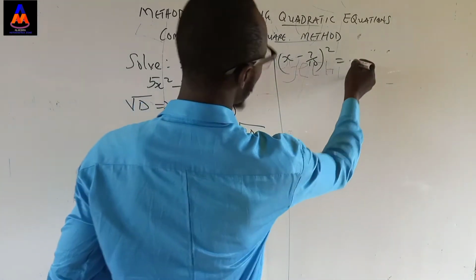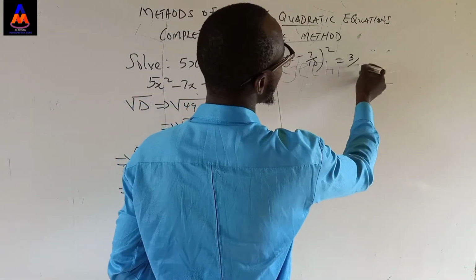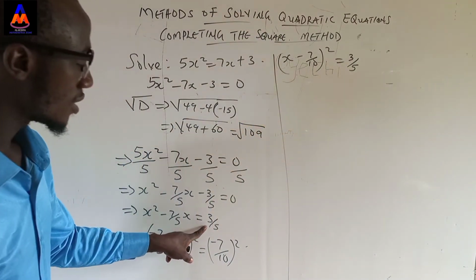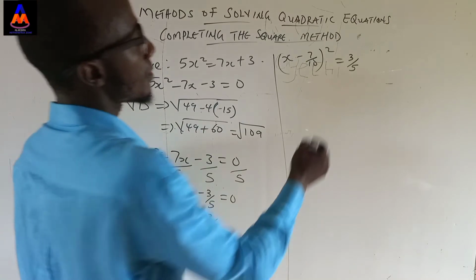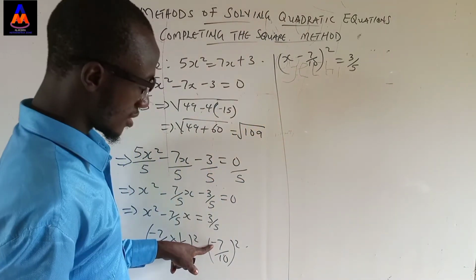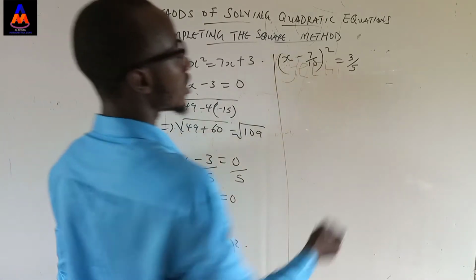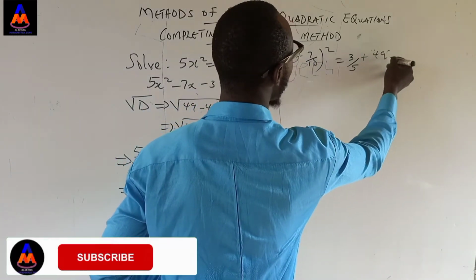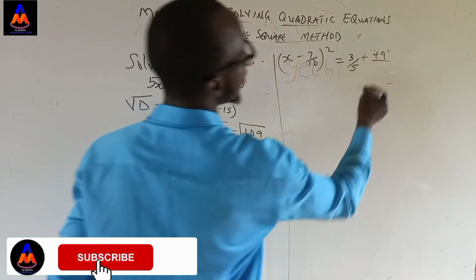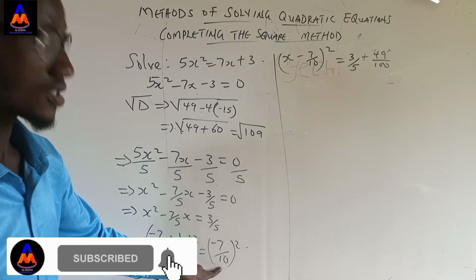Then it's now equals to, I have ignored this s here, 3 over 5 plus, of course, minus 7 squared. Eventually this one is going to be plus 49 over 100. This square is for this 7, this square is for this 10.